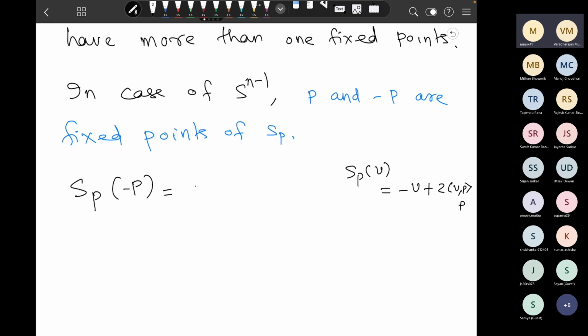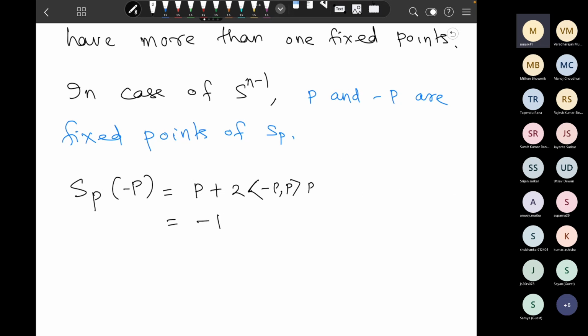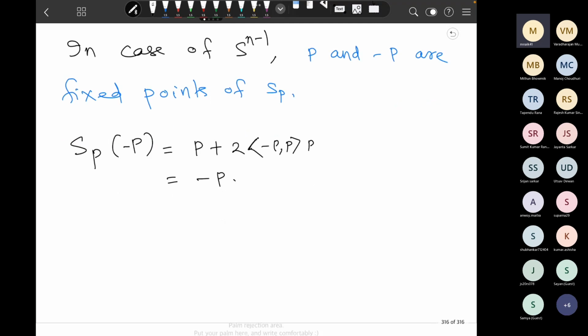So SP of minus P will be P plus 2 times minus inner product of P and P times P, and if you calculate that, you will get minus P. So it may happen that in an involution there are more than one fixed points.